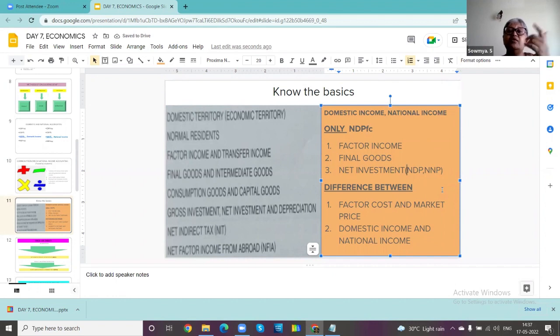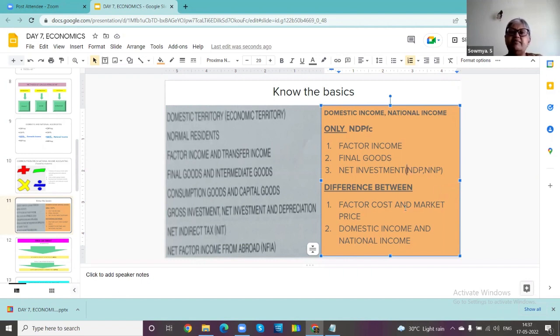Gross includes depreciation, but we do not want that depreciation because it indicates reduction in the value. So the actual value of the domestic product, the national product, is not known in the gross. So investment, it is always a net investment that is to be considered as part of domestic income and national income. So these are things that we keep insisting upon all the time.